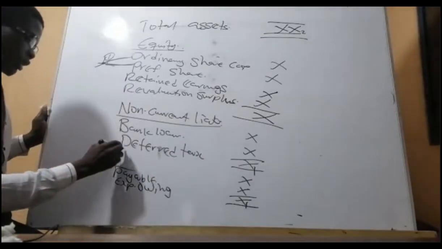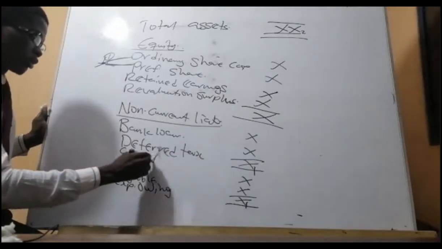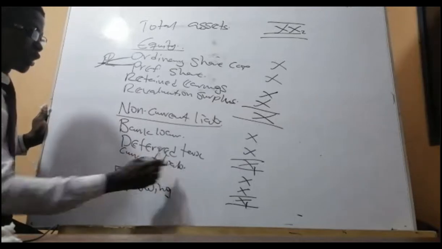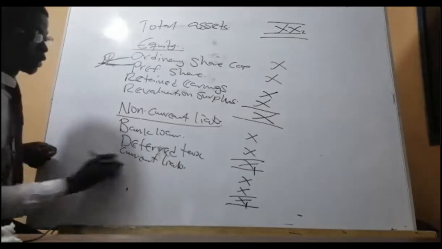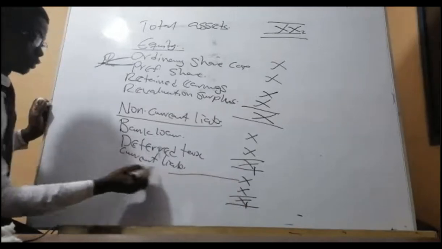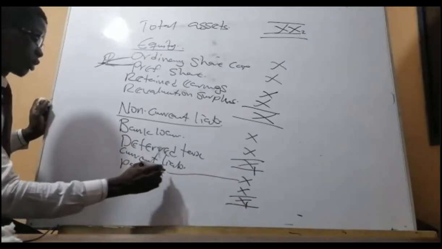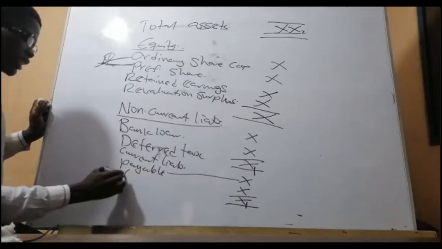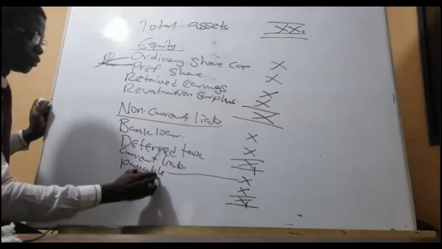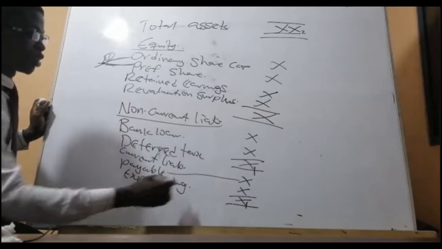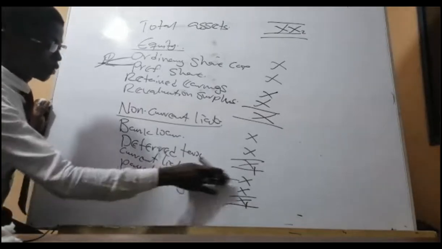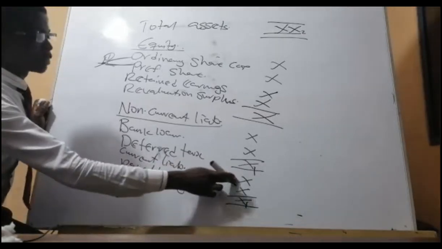But you should just write the current liability here. This one links to payables, and the next one links to expenses owing. Good. So therefore, this total is for current liability, right?